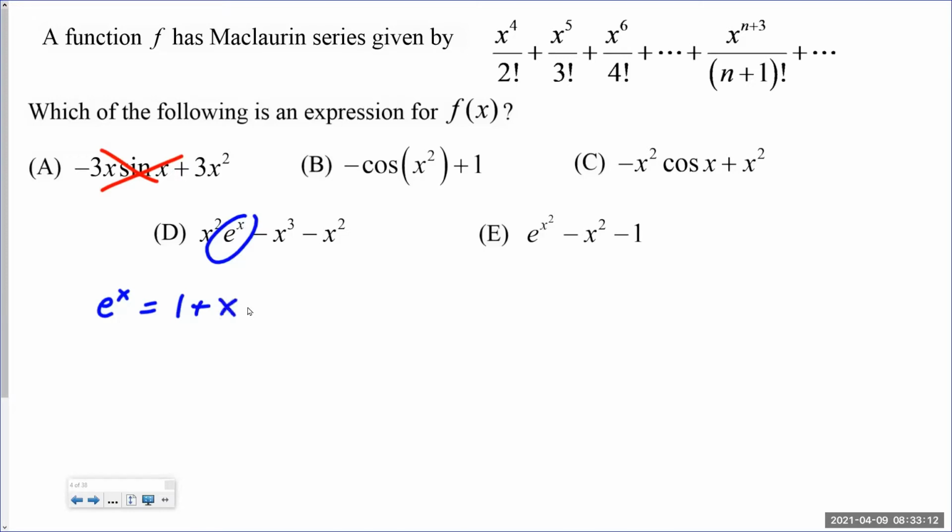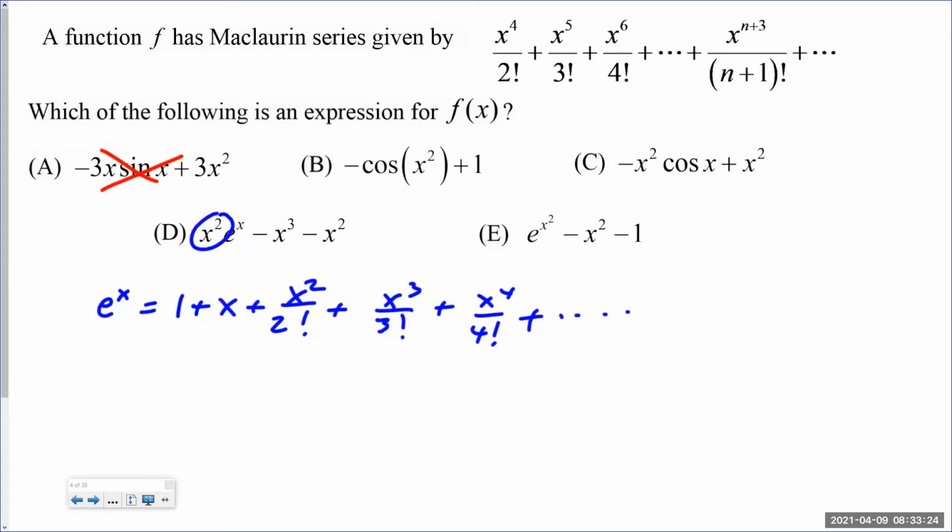So 1 plus x plus x squared over 2 factorial plus x cubed over 3 factorial plus x to the 4 over 4 factorial plus dot, dot, dot. And then you multiply everything by x squared. Okay, when you multiply though, that means you actually have to multiply the entire side.